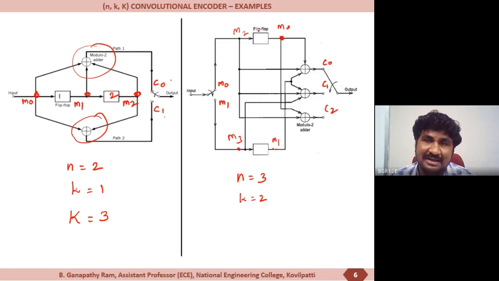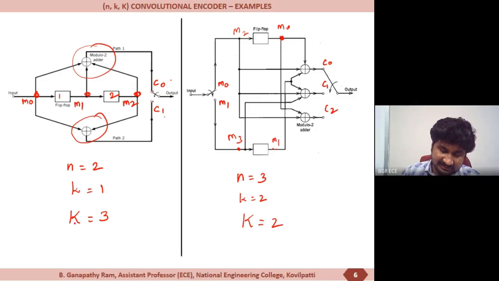So there will be only 2 shifts, that is M0 and M2, that are all involved in the generation of the code bit C0, similarly C1 and C2. That's why the constraint length K here is referred to 2.